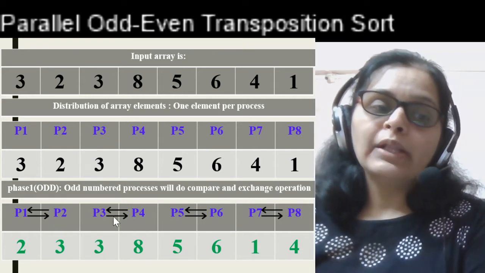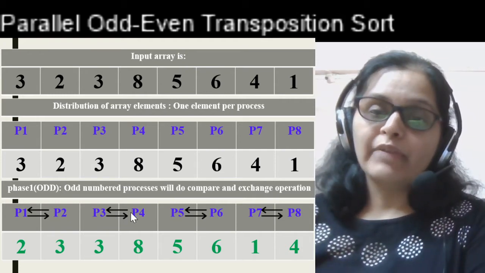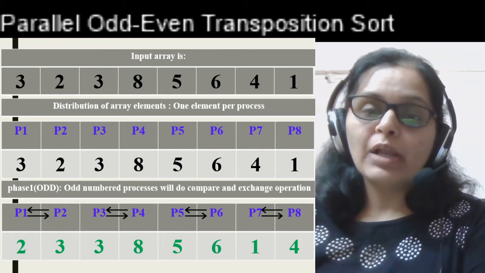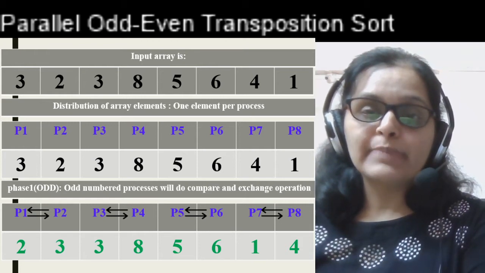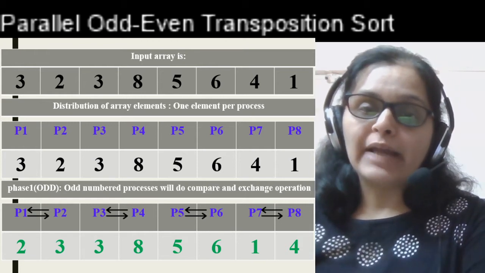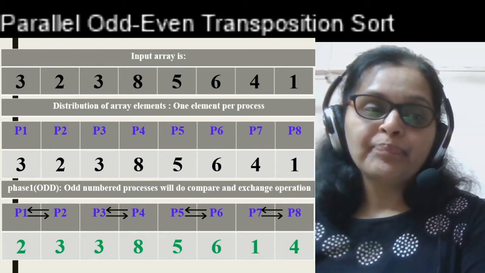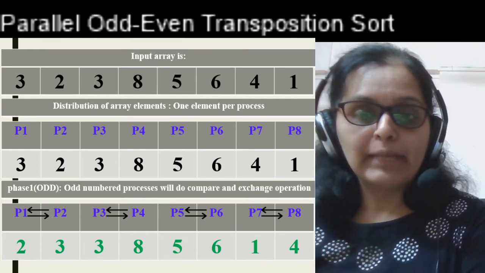So all these compare and exchange operations which are happening between the processes, they all are happening in parallel. So that is the only difference between serial and parallel odd even transposition sort. So here all these compare and exchange operations are happening in parallel.